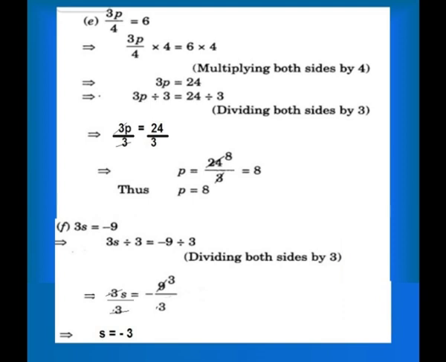Firstly, dividing 3 on both sides, we got 3s divided by 3, which is equal to minus 9 divided by 3. In our LHS, 3 and 3 will be getting cancelled. Our RHS, 9 by 3, which is equal to 3. So our LHS becomes s, our RHS becomes minus 3. Thus, s is equal to minus 3, which is our required solution.